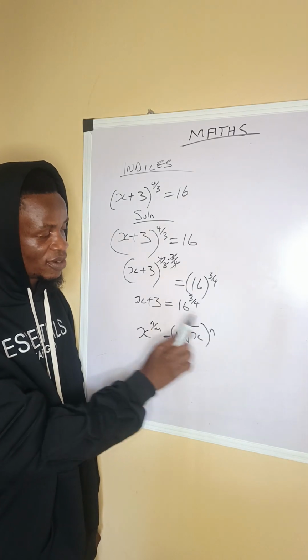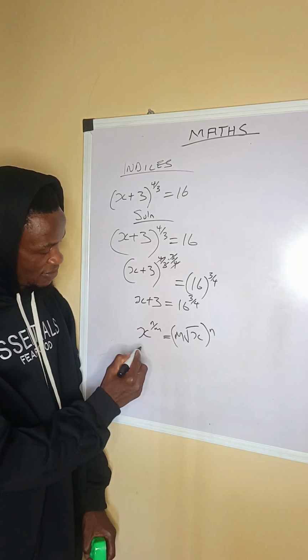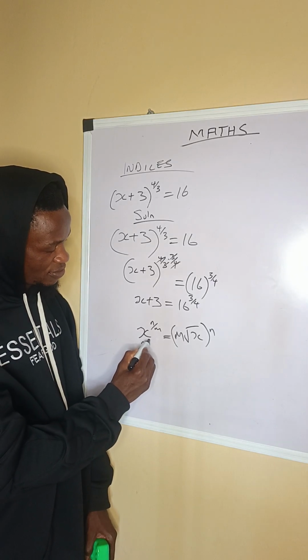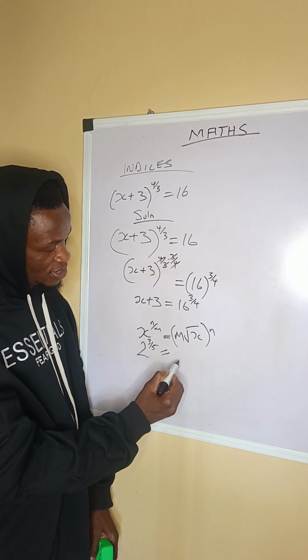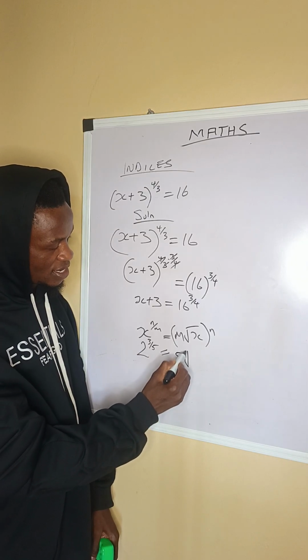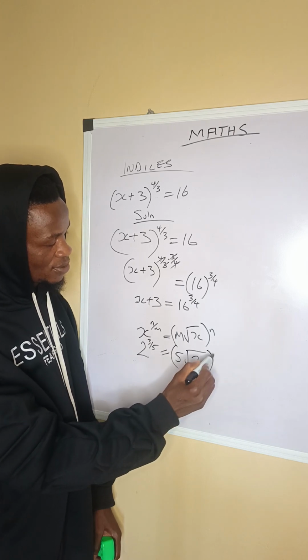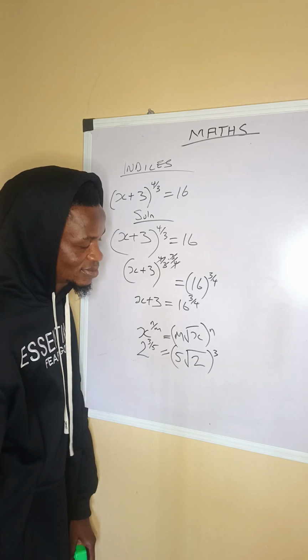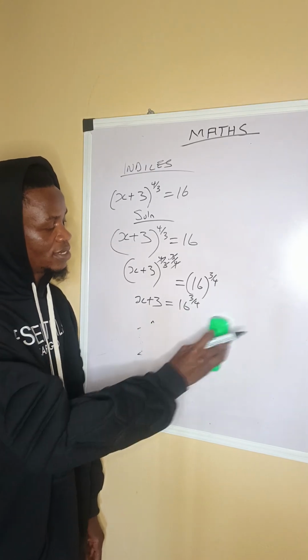The numerator of this power will become the power of this root. So if I have 2 raised to the power of 3 over 5, I can equally say the denominator 5 goes here, put my root sign, put my 2 inside, all raised to the power of 3. So this is it, and the same thing we want to do here.